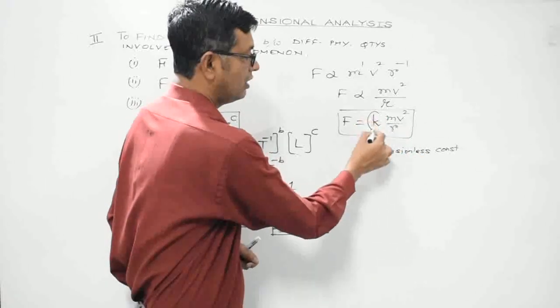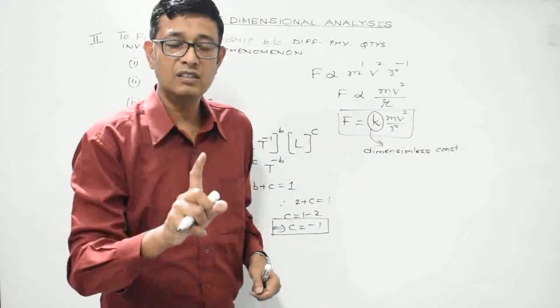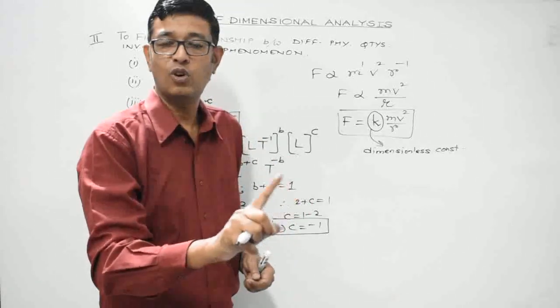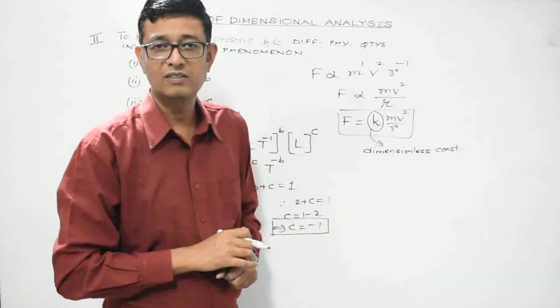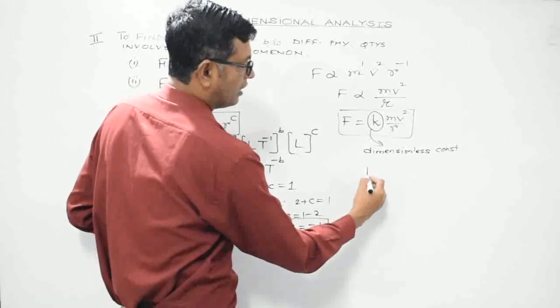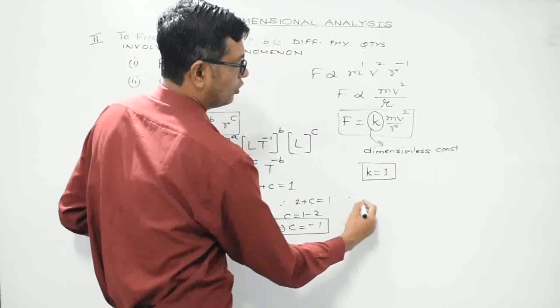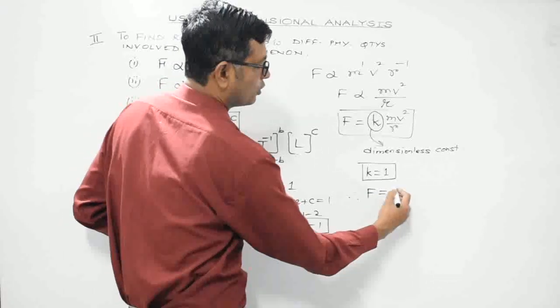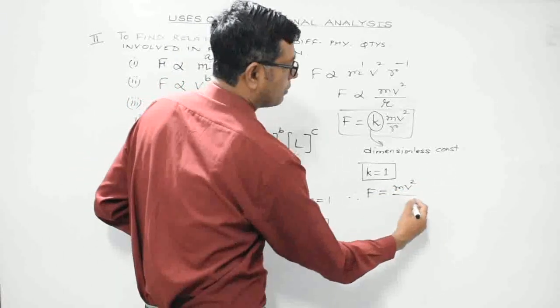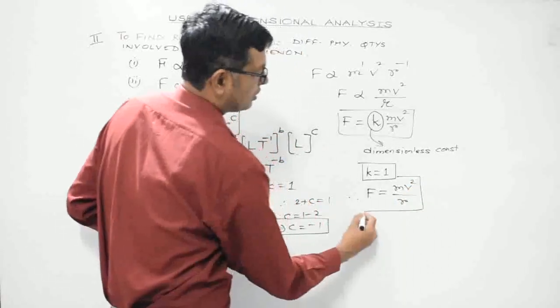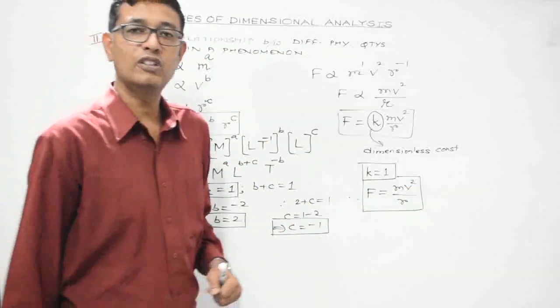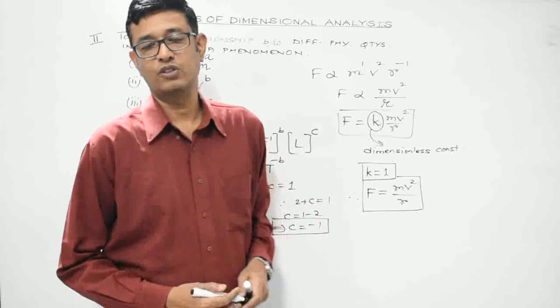The value of k is to be determined either experimentally or by some other known method. Over here, the value of k is found to be 1. Therefore, the formula for the centripetal force becomes mv square by r. So this is the expression for the centripetal force.